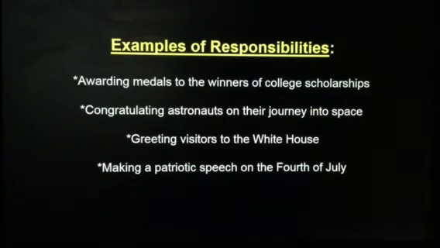Examples of responsibilities as head of state: awarding medals to winners of college scholarships, congratulating astronauts on their journey into space, greeting visitors to the White House, making a patriotic speech on the 4th of July.